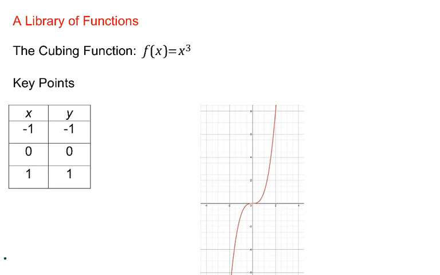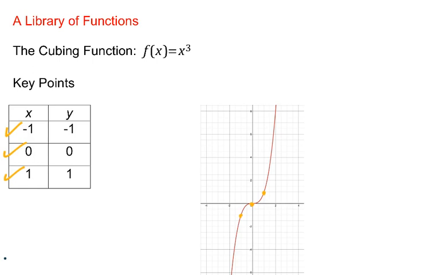So notice for my key points from the other examples too, what I'm always doing is thinking about what I get when I plug in negative 1, 0, and 1. That gives me these points right here. And then I remember to create this wiggle, this snake, this crispico that goes through those points.